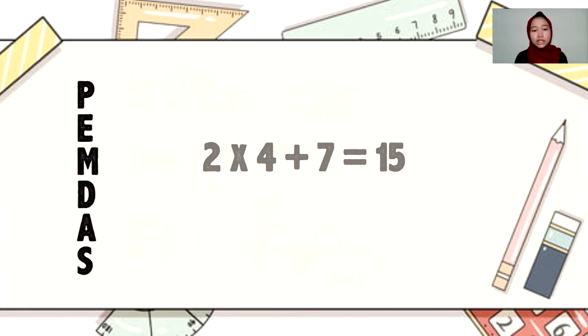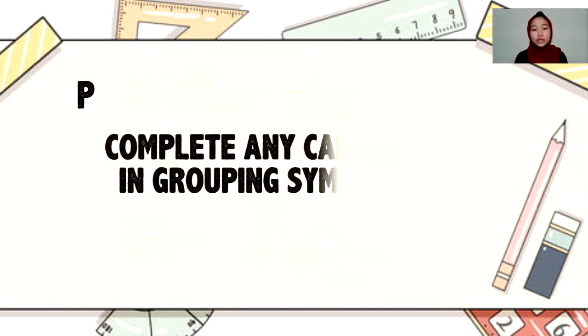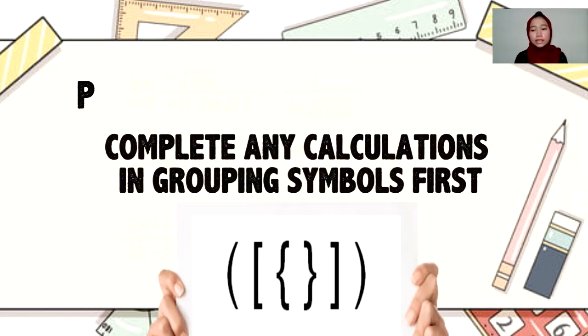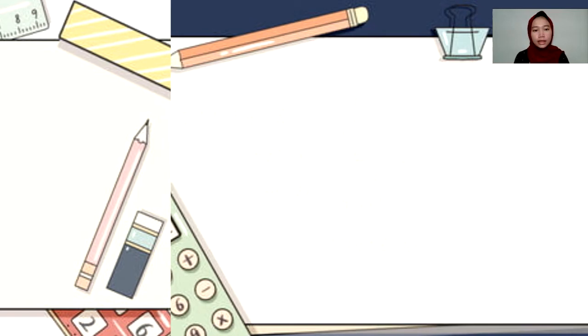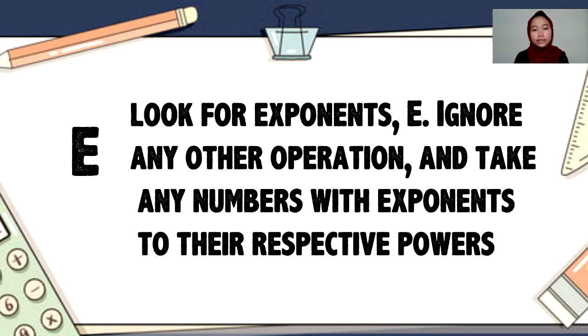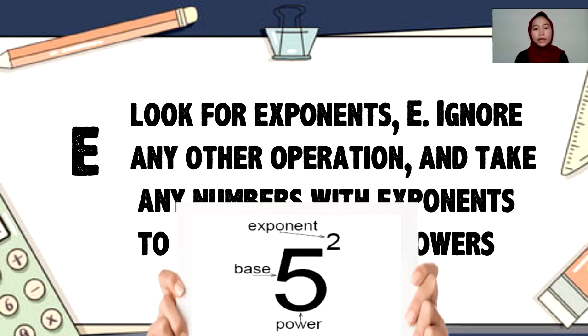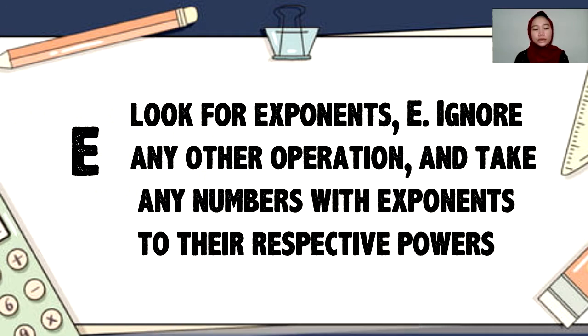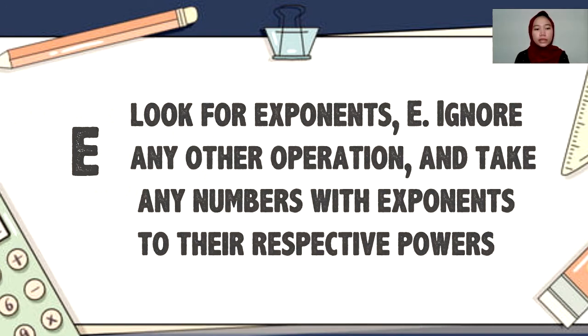Here's an explanation of the rules given in PEMDAS. P as the first letter means you complete any calculations in grouping symbols first. Next, look for exponents E. Ignore any other operation and take any numbers with exponents to their respective powers.